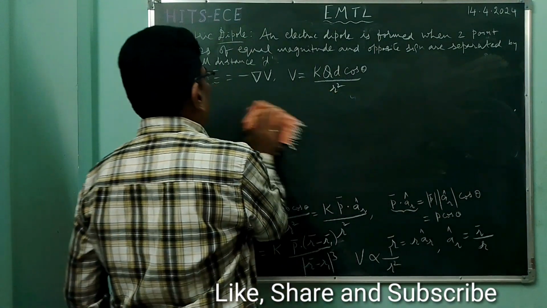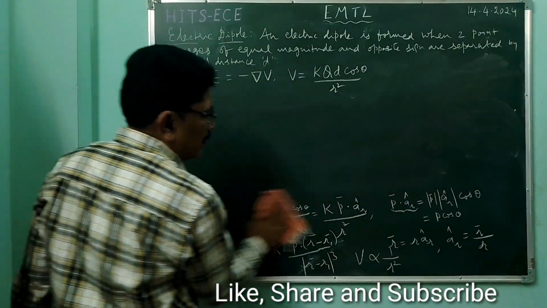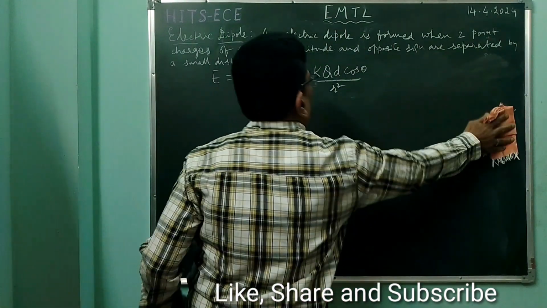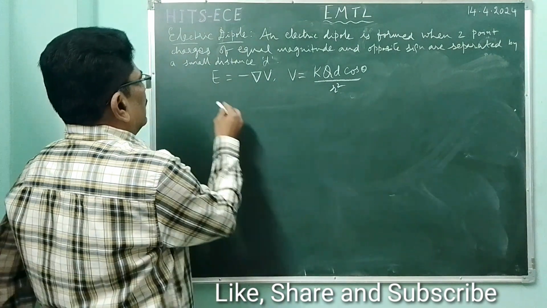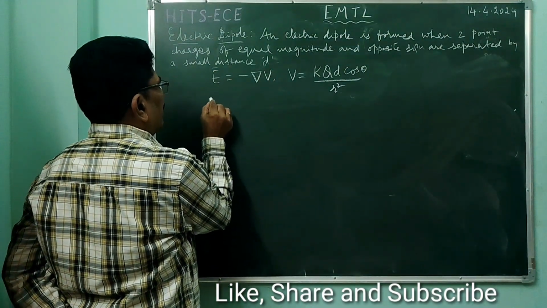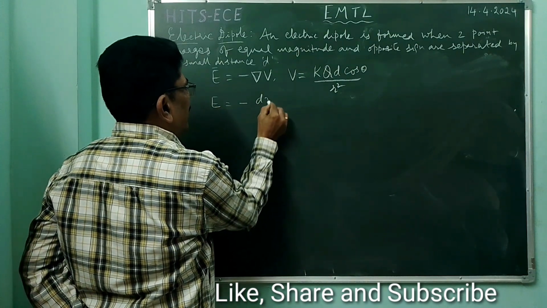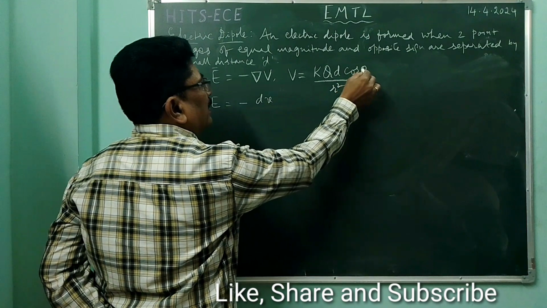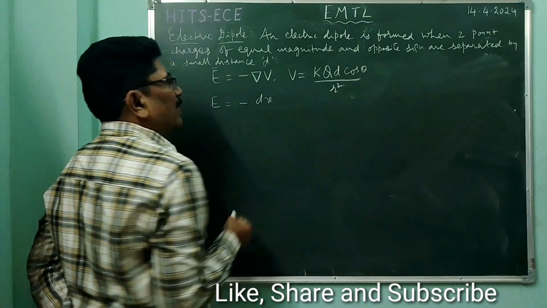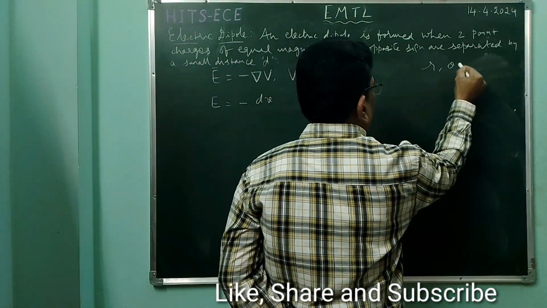Let us find out the electric field now. This electric field is also a vector. So E is equal to minus del V, and since these coordinates belong to spherical coordinates, they are R, theta and phi.